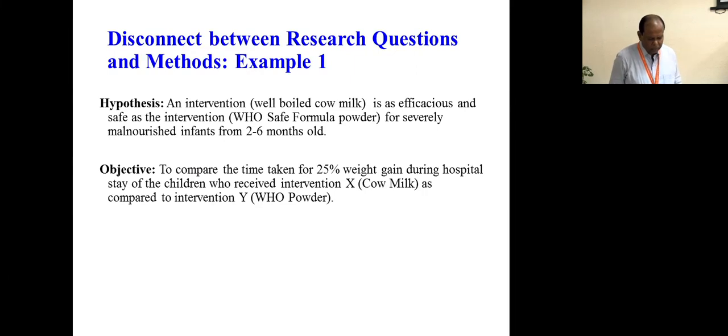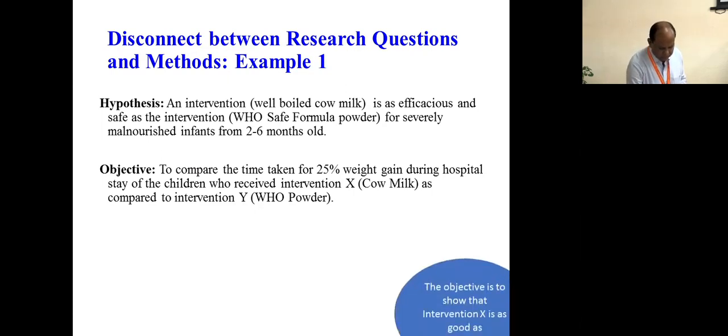So the objective was to compare the time taken for 25% weight gain during hospital stay of children who received intervention X as compared to intervention Y, that is the WHO formula. So definitely cow milk is inferior as it stands because they have to carefully use it and so on and so forth.